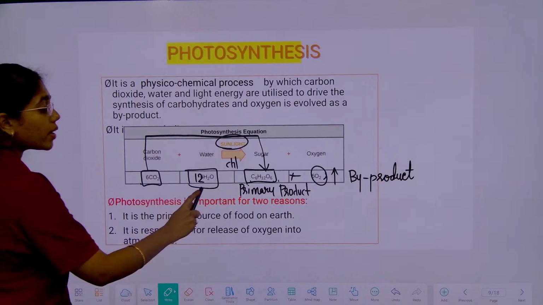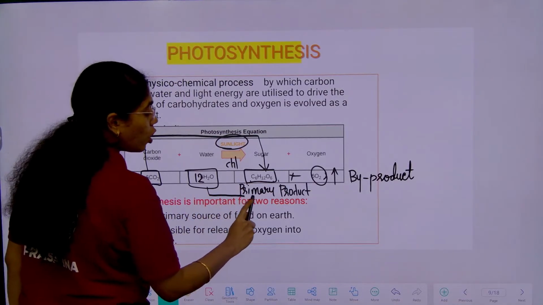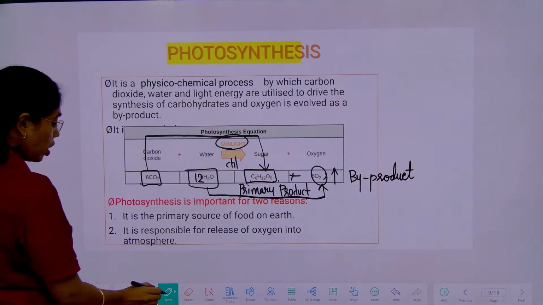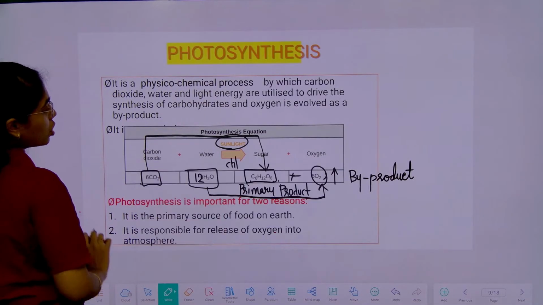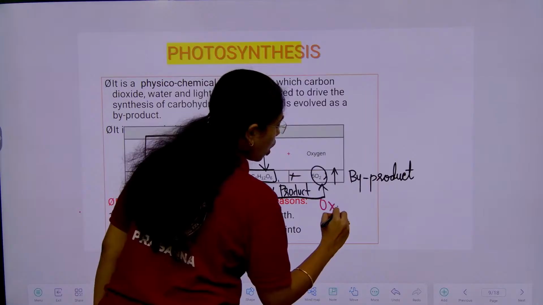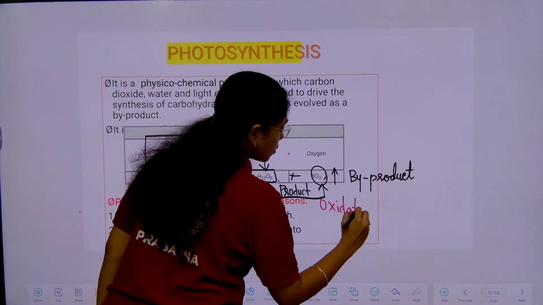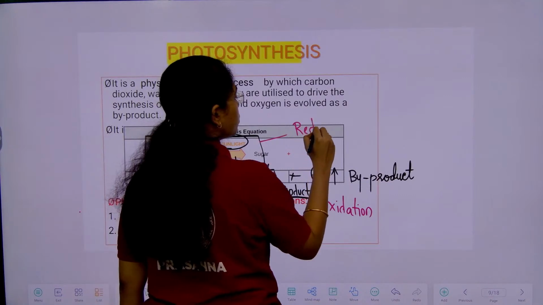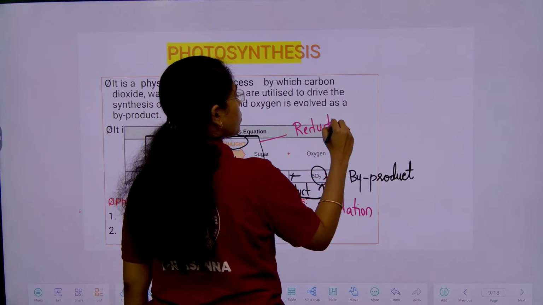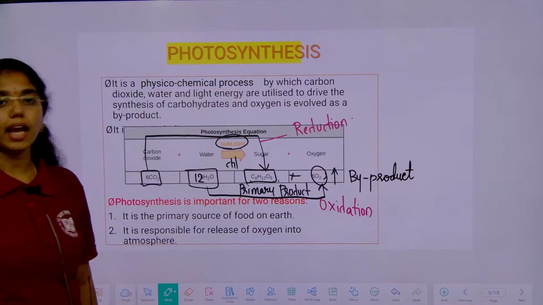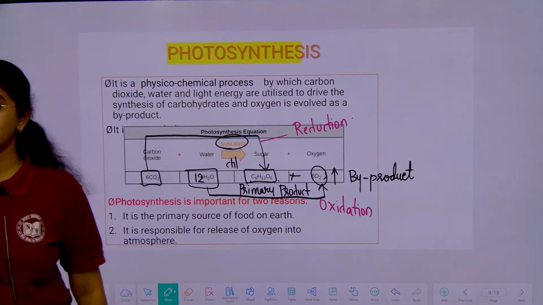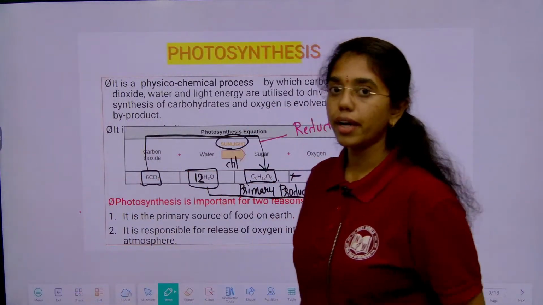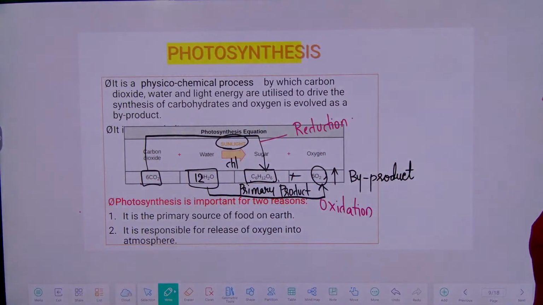Next, water molecule, if you see, it got oxidized to oxygen. So here oxidation and reduction both occur in a single reaction. So this is addressed as oxidoreductive process or oxidoreductive reaction.